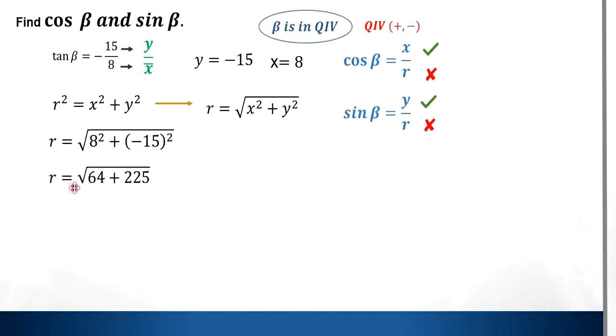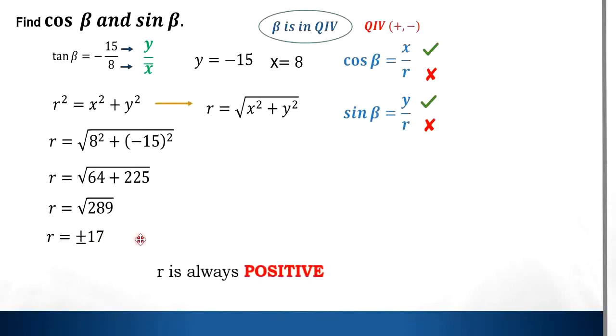And let's simplify, so 8 squared, that is 64, plus the negative 15 squared, that is 225. And we add 64 plus 225, that is equal now to square root of 289. And by simplifying, square root of 289 is positive or negative 17.